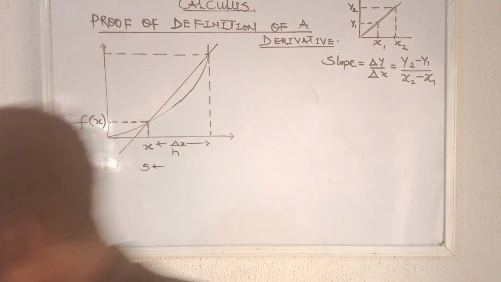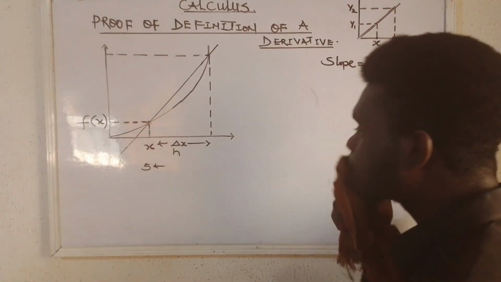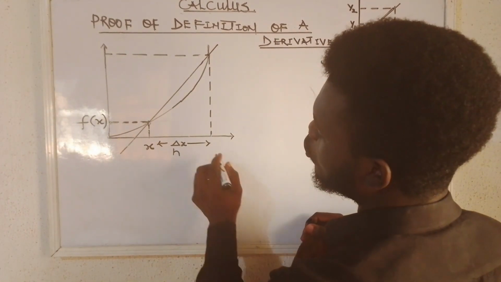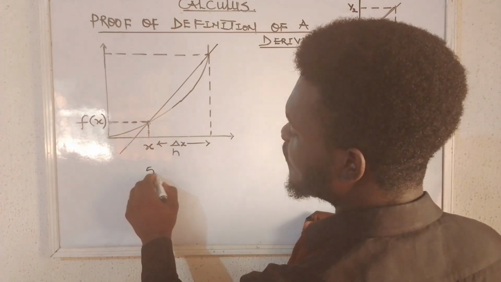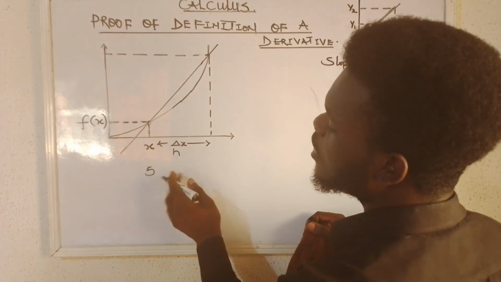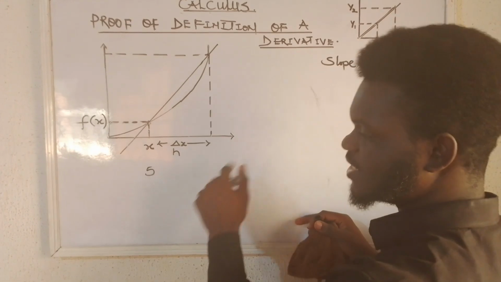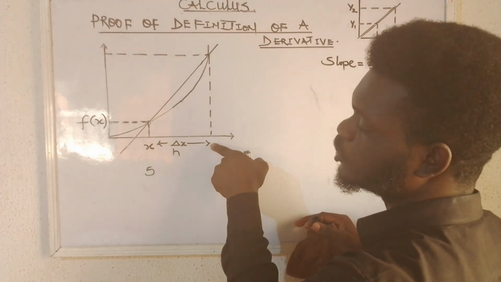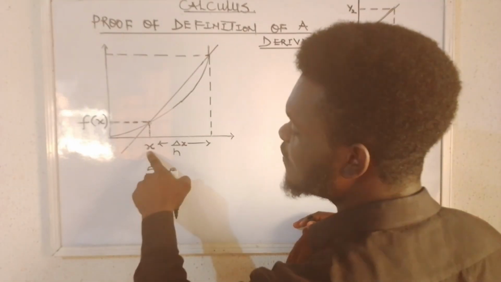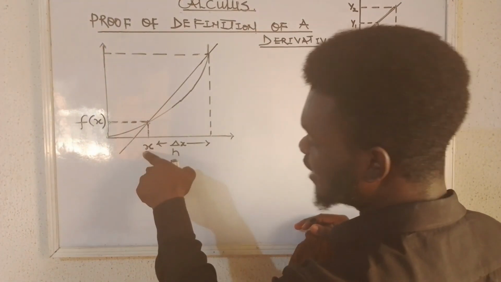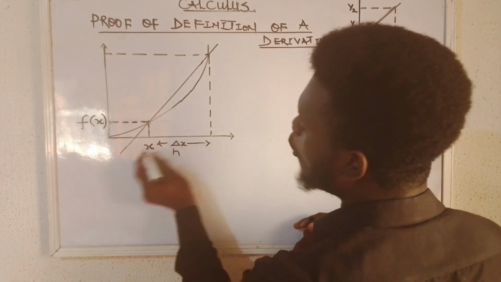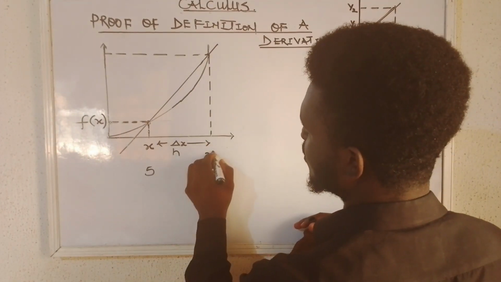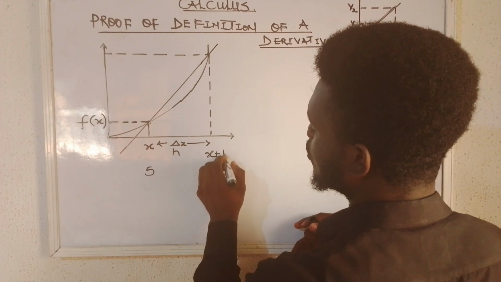Once you note that this is h, or change in x, then if this was 5 and this distance was 2, to get the new point, 5 plus 2 will give you the new point. Which means that if this is x and this is the change in x, or h, the new point becomes x plus h.